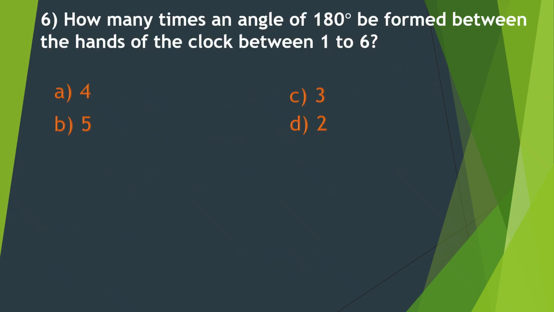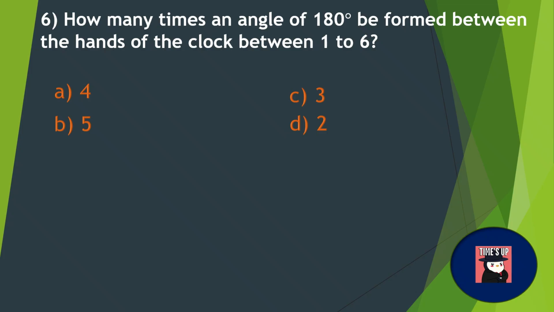Sixth question on your screen and your timer starts now. How many times will an angle of 180 degree be formed between the hands of the clock between 1 to 6? You know that in 1 hour, one time a 180 degree angle is formed.